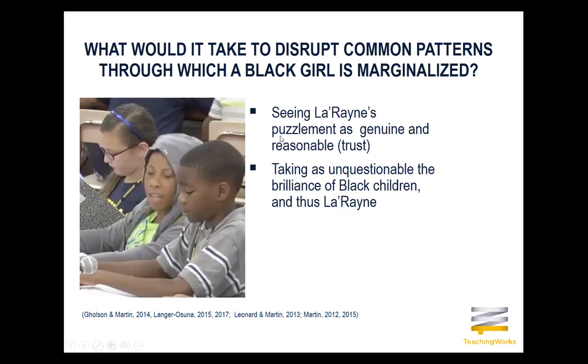Well, if we look at it as the teacher and we say, well, we want to see this as puzzlement and that it's genuine, and trust that. She's confused about what the task is, or perhaps she's not understanding what the task is. That doesn't mean she doesn't want to engage in it. And looking at this child, that there is brilliance there, there's competence there, that all children can be successful.